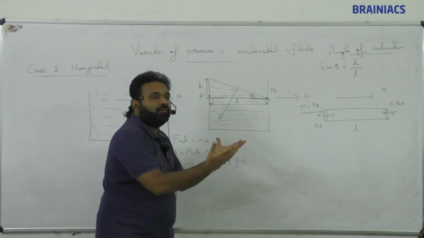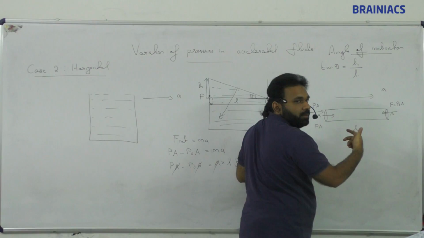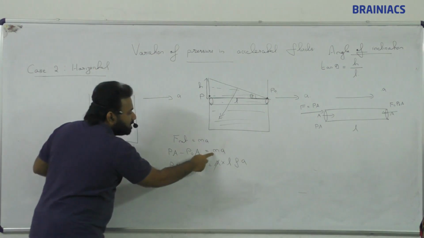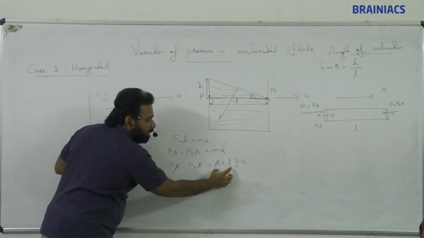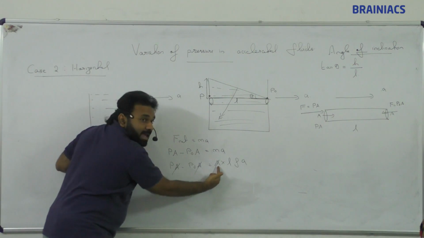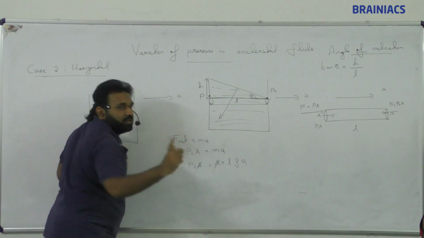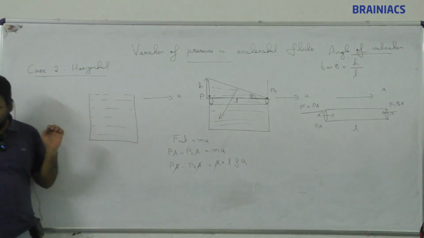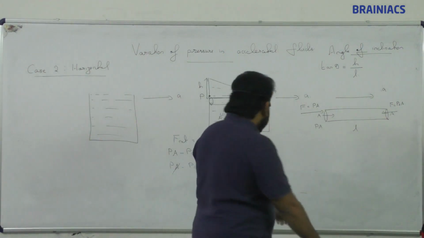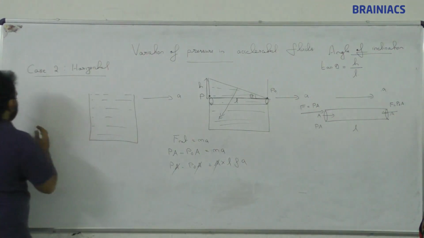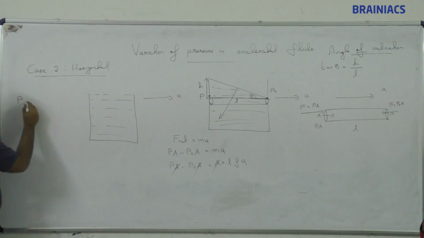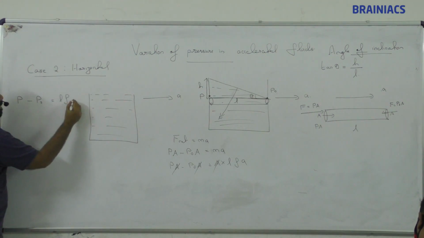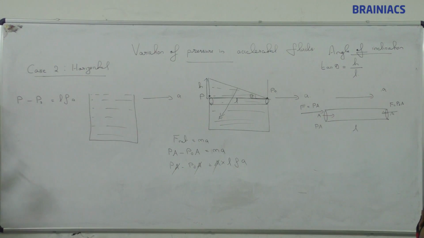Now, which liquid column have we taken? This liquid column. This area, this length, this volume. Mass is nothing but volume into density: area A into this length L, the volume of this liquid column, into rho, into acceleration a. Understood, right? So P minus P naught, our pressure difference, is equal to L rho a.